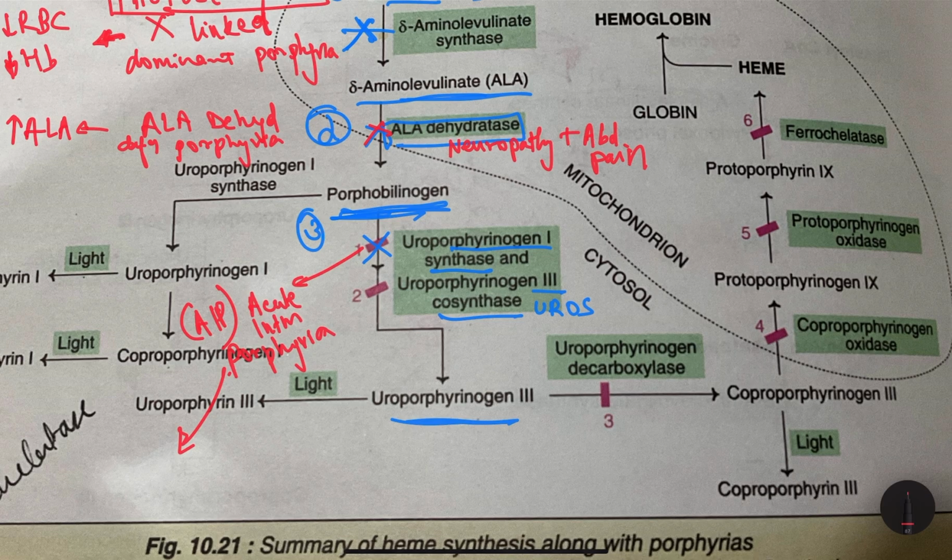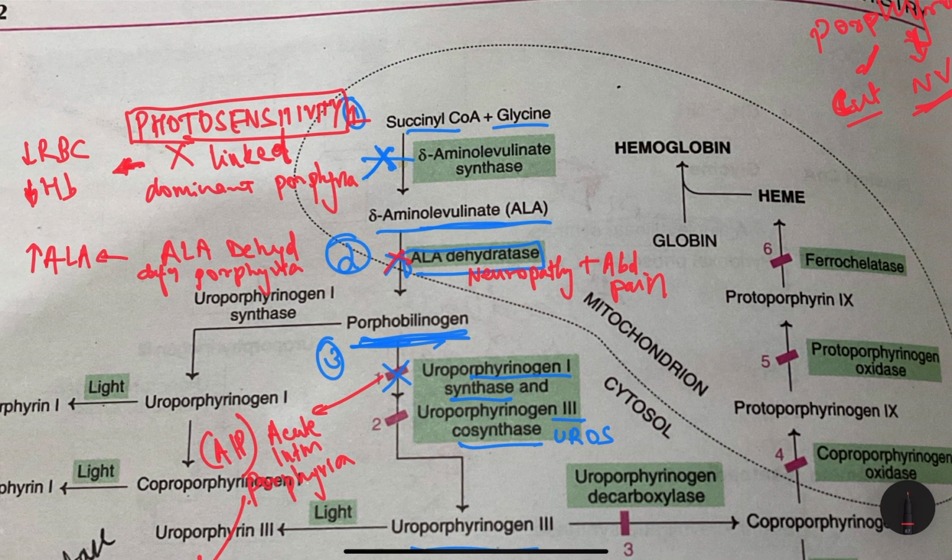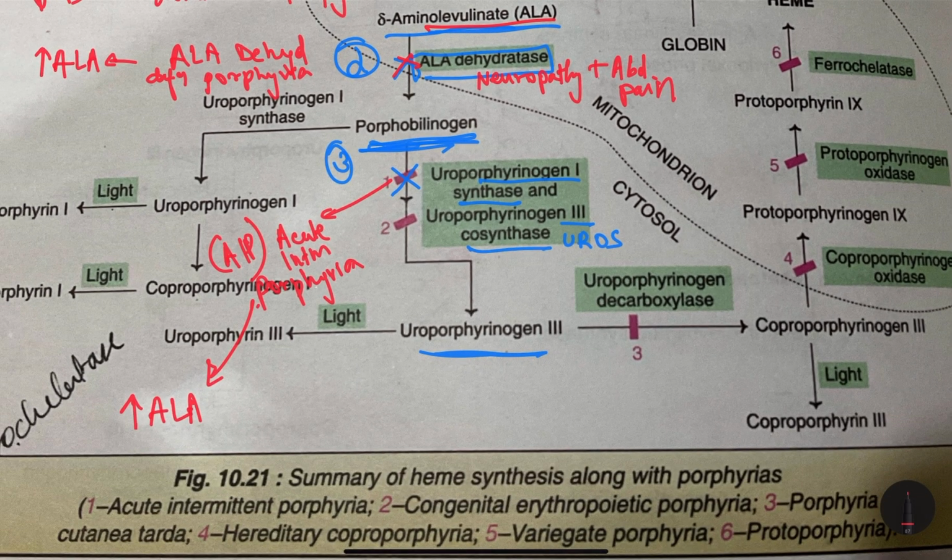So what is going to be elevated in AIP? Obviously, porphobilinogen is going to be elevated. There's going to be increased level of ALA because the previous step is ALA, right? So there's going to be high ALA, and there's going to be high porphobilinogen. So increased ALA, increased porphobilinogen, PBG.